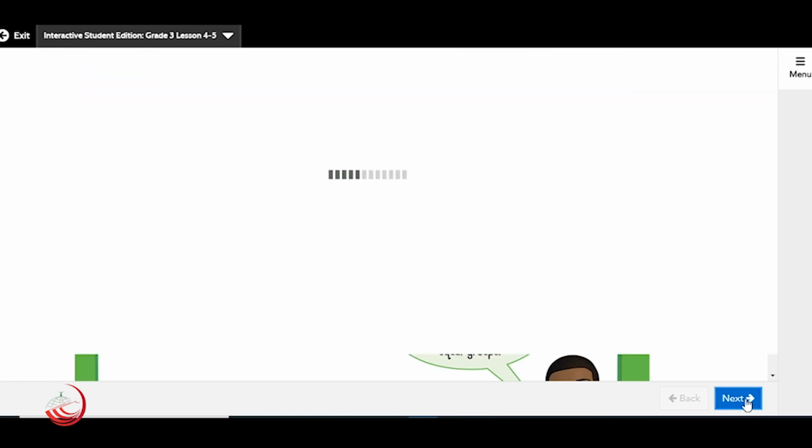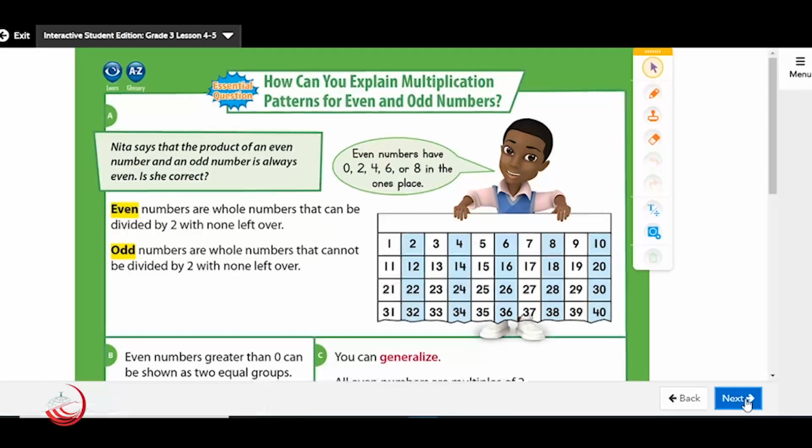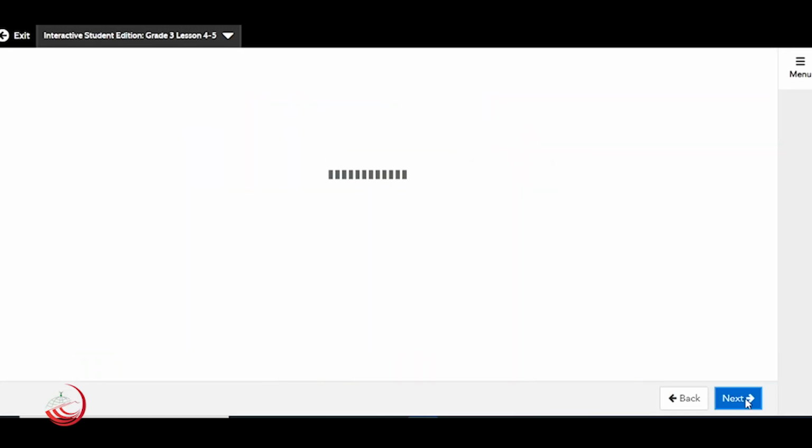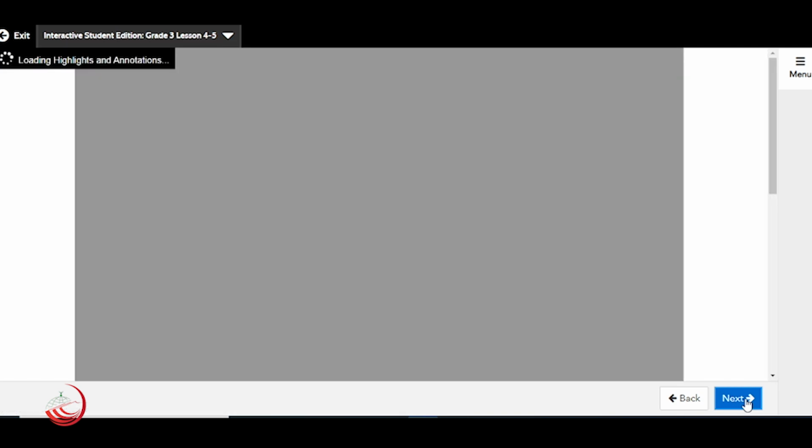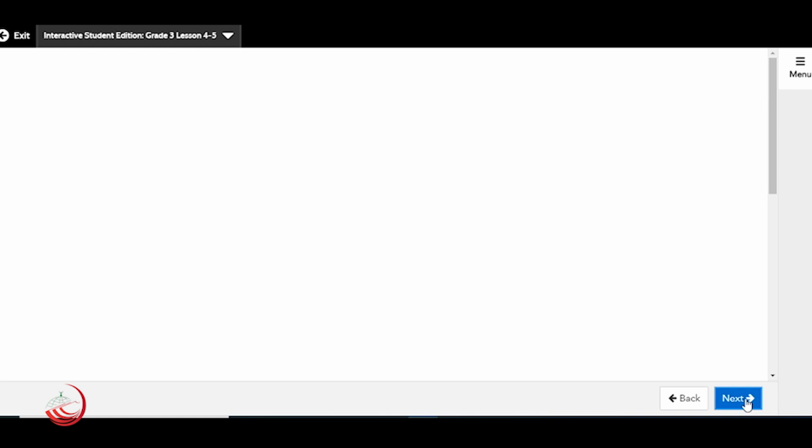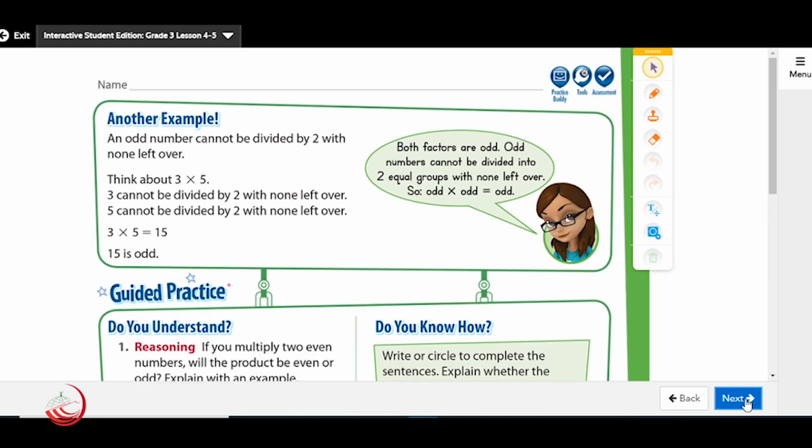So let's move to page 195. It says an odd number cannot be divided by 2 with none left over. Think about 3 times 5. Is 3 a multiple of 2? What's the meaning of multiple of 2? It means 2 plus 2.